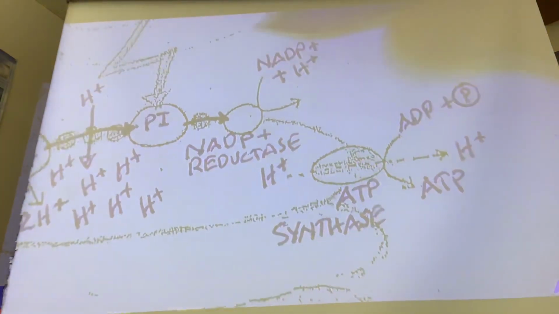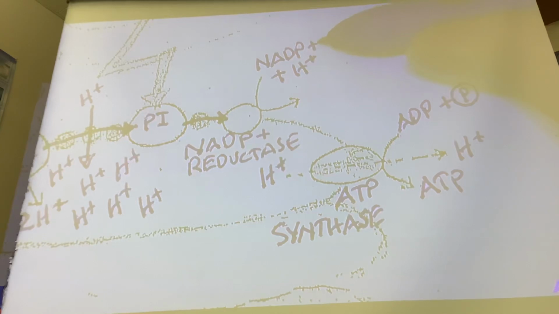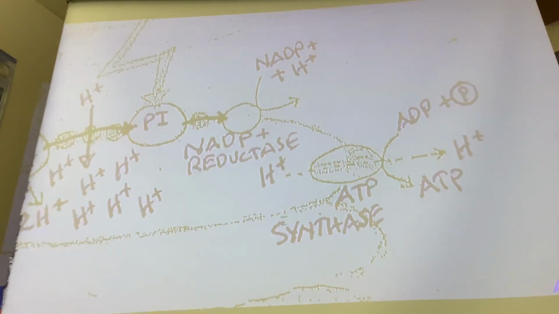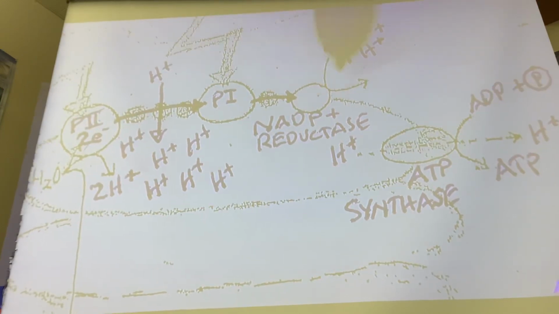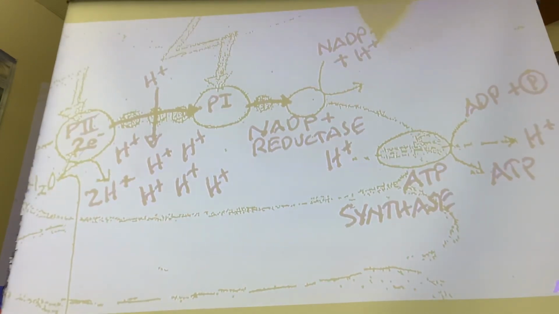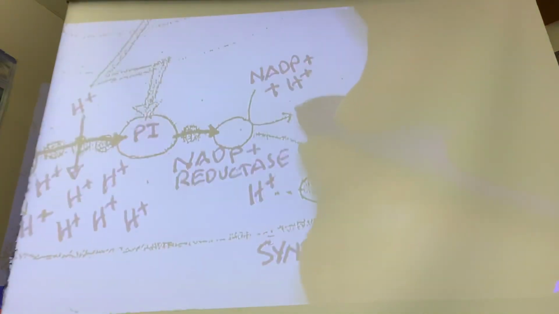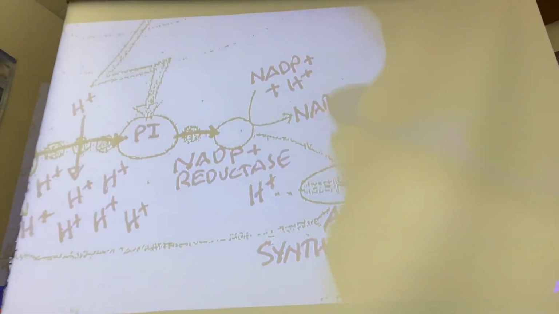Now, if you look here, I've got NADP plus, I'm missing an electron, and I've got a proton that's missing an electron. So these 2 electrons here are going to move through here, then they're going to get pushed over here, and then they're going to fill these 2 spots. So that gives me NADPH.